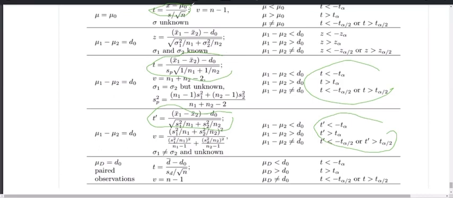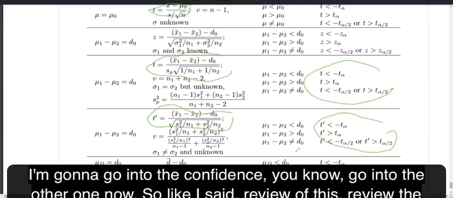Now I'm going to go into the other one. Like I said, review the confidence interval. My focus today is to walk you through the short answer questions that will come in the exam.